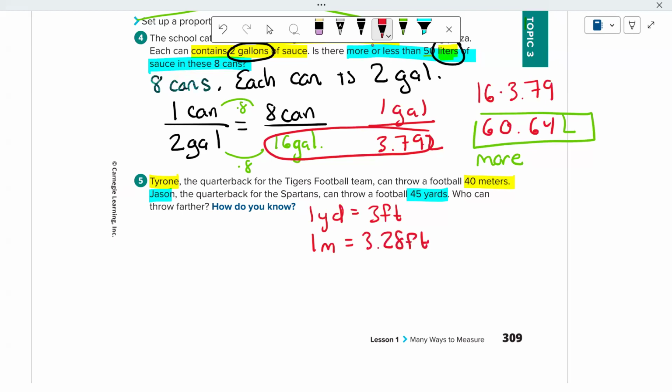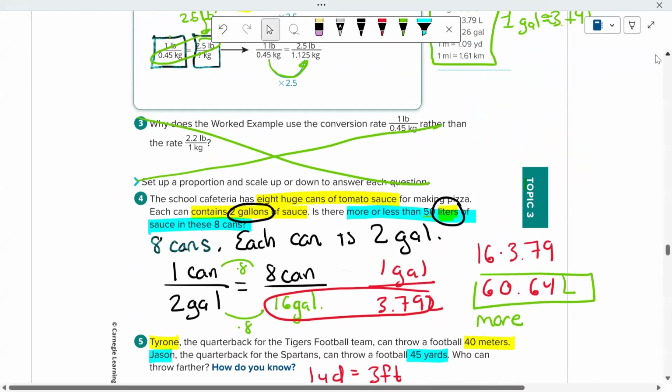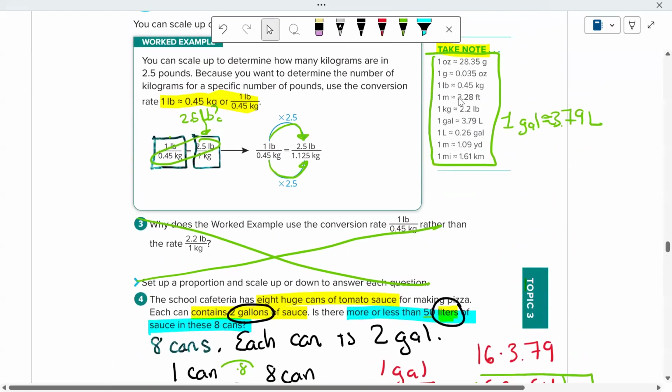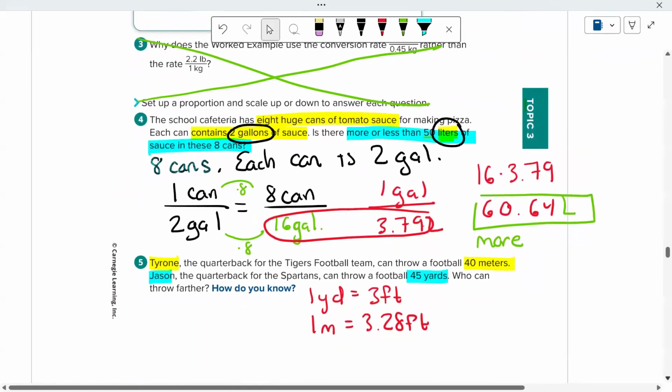If you're wondering how I got that, it is up here. 1 meter is 3.28 feet. It's also 1.09 yards. I didn't even notice that one. It's 1.09 yards. That's probably easier to do.